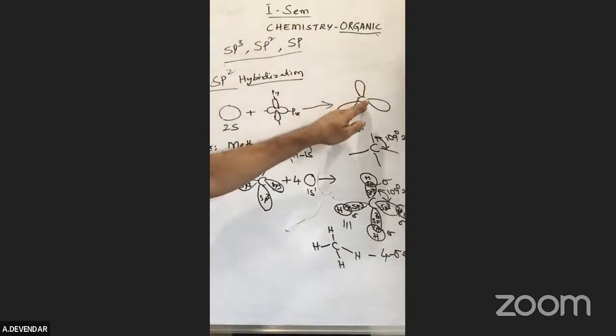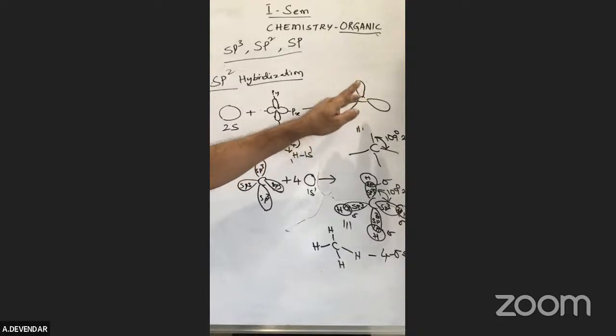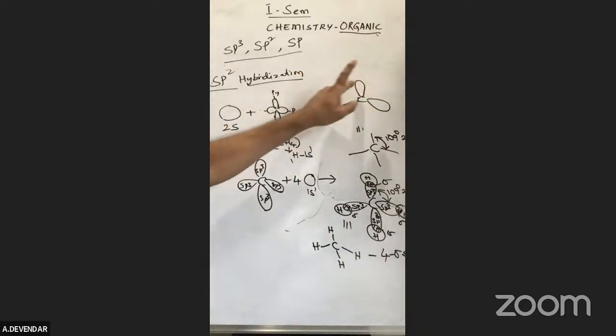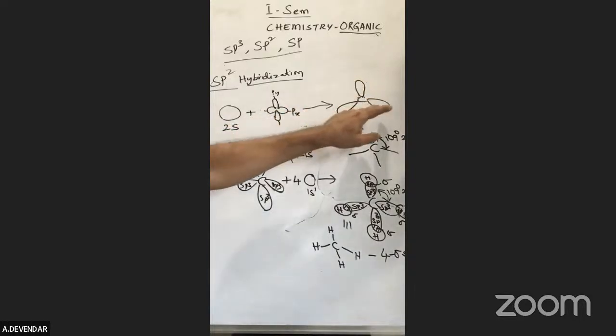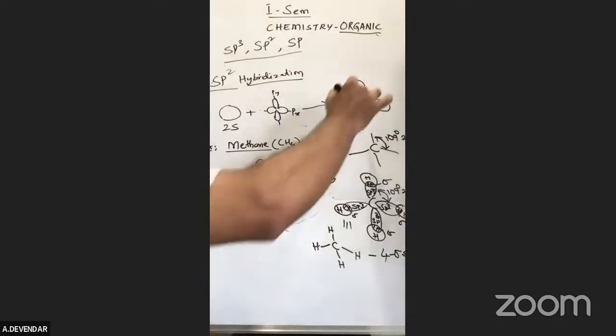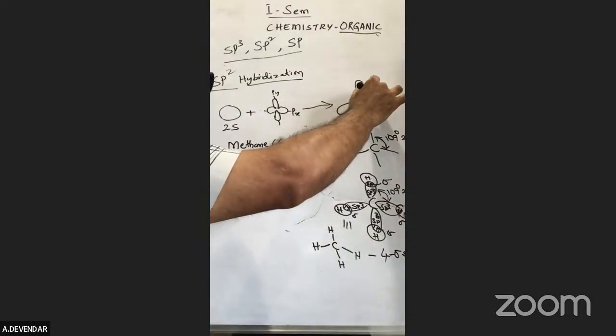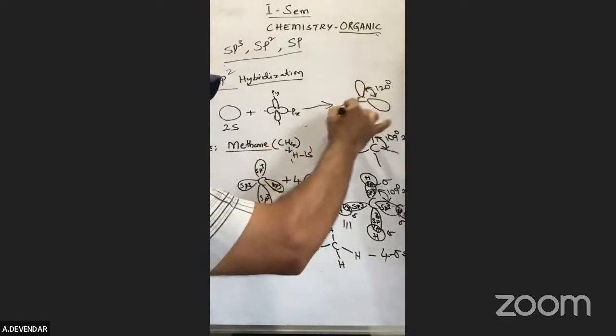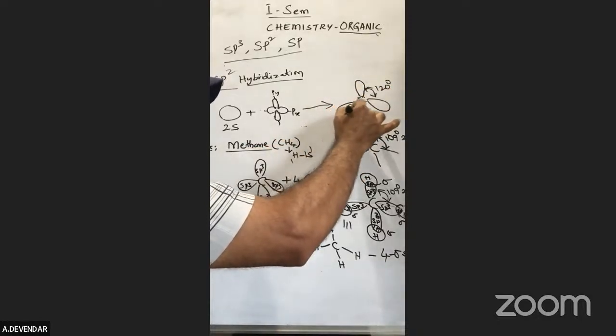The three sp2 hybrid orbitals present on the carbon are not tetrahedral. Sorry, this is trigonal. This is tetrahedral, and this is trigonal. The bond angle is 120 degrees. This is sp2.